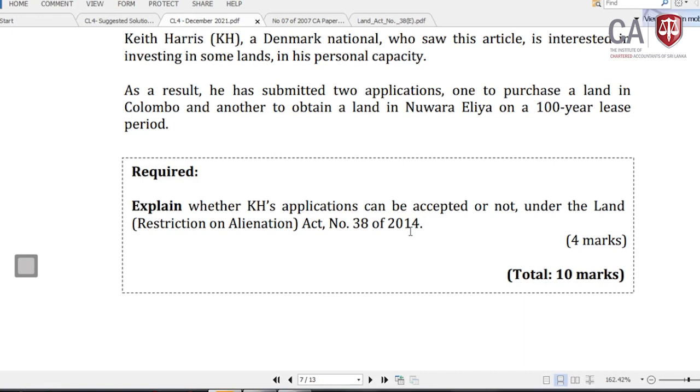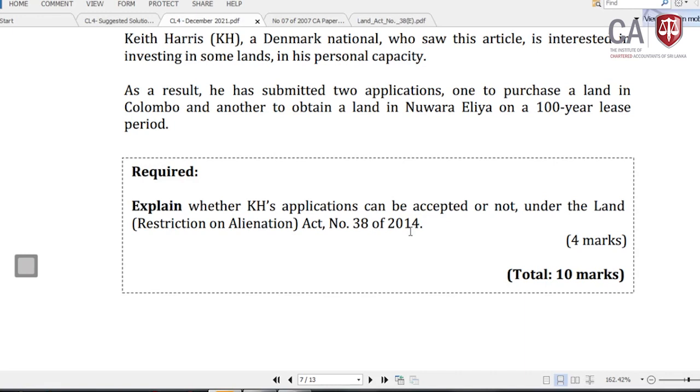So his intention to acquire a land in Colombo will not be permitted. It will not be accepted. And then he wants to enter into a lease agreement for a land in Nuwara for a period of 100 years. What is the answer? I have actually given the answer earlier.